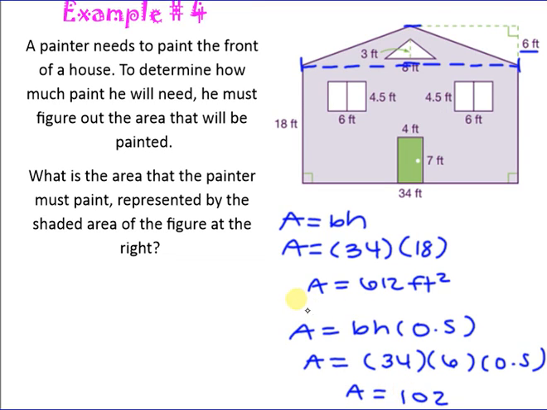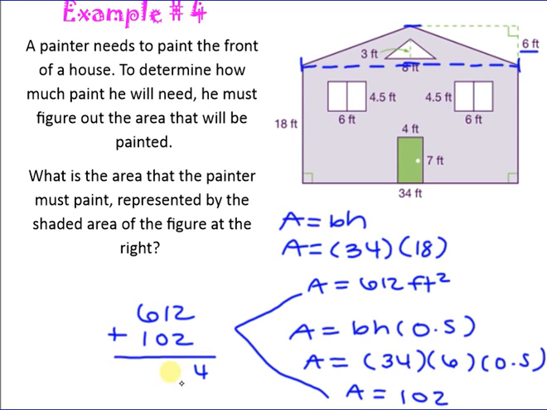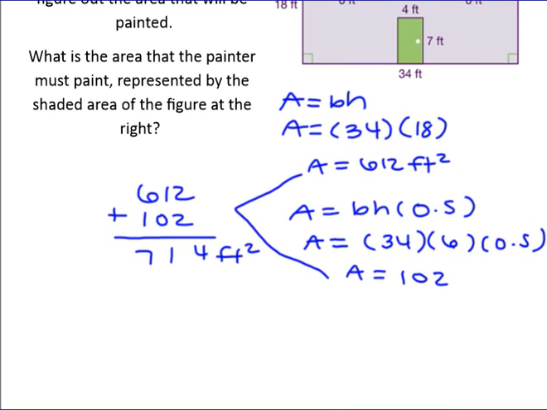So we need to pause here and add these two numbers together in order to get the entire house first. So 612 plus 102. All right, so right now we know that the whole house, including everything, is 714 feet squared.